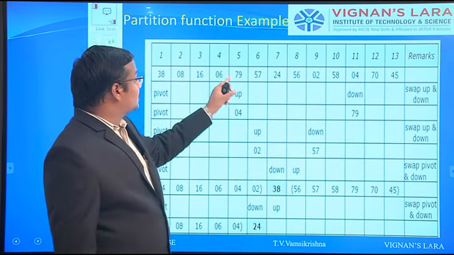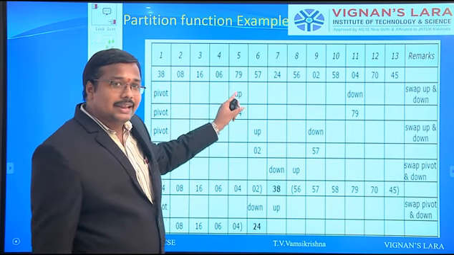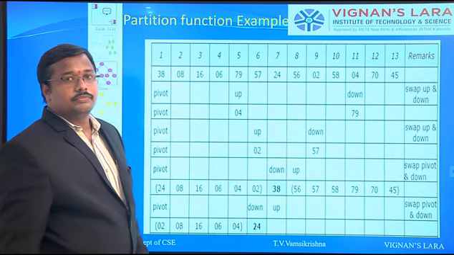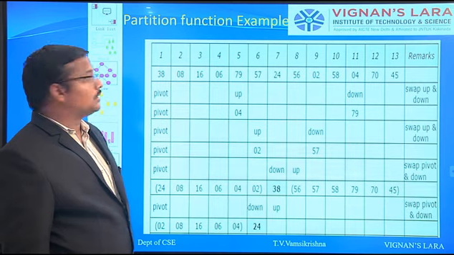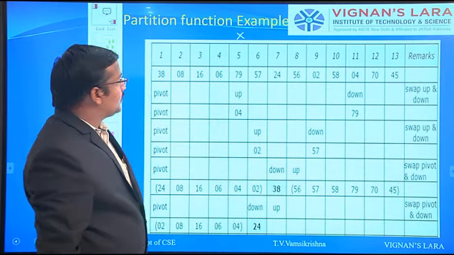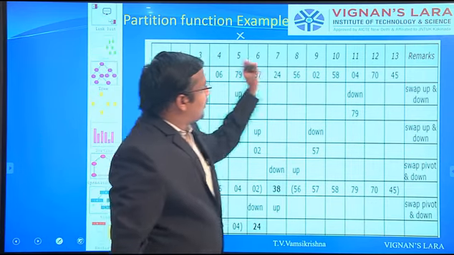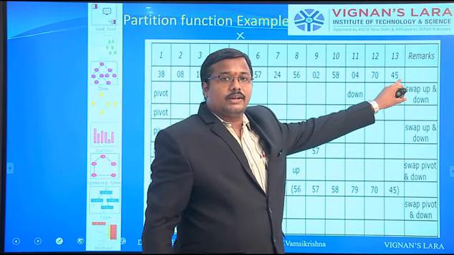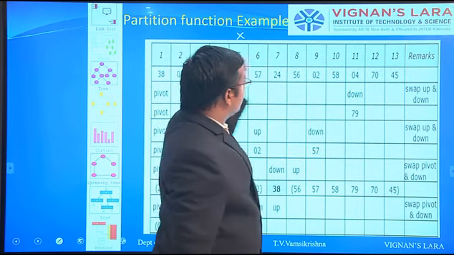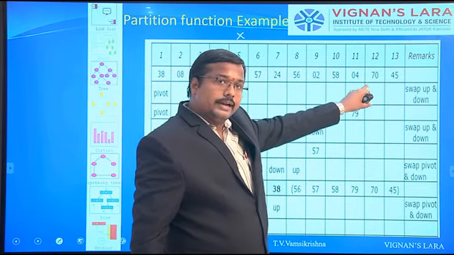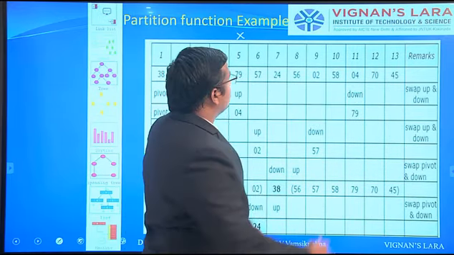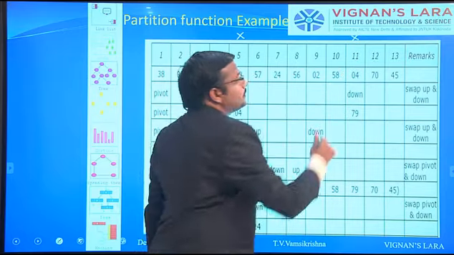Compared to 38, 79 is not less, so here the loop breaks. Next, down comparison: 38 and 45, greater, right? 38 and 70, greater, right? 38 and 4, not greater, so here the loop breaks.